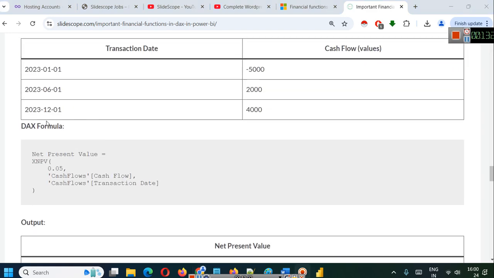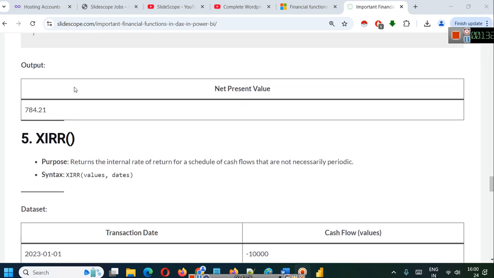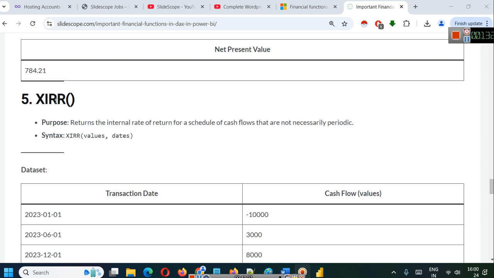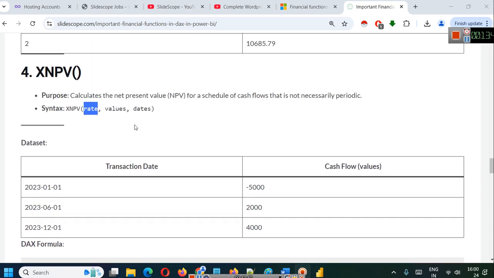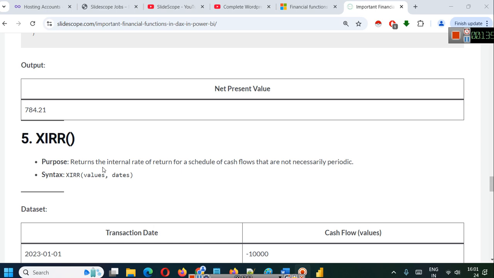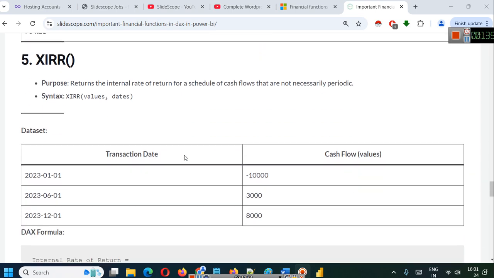Similar to XNPV, we also have the XIRR function. The purpose of this is to calculate the internal rate of return for a schedule of cash flows that are not necessarily periodic. Earlier we studied that XNPV will calculate the net present value for a schedule of cash flows that is not necessarily periodic, and this will calculate the internal rate of return.